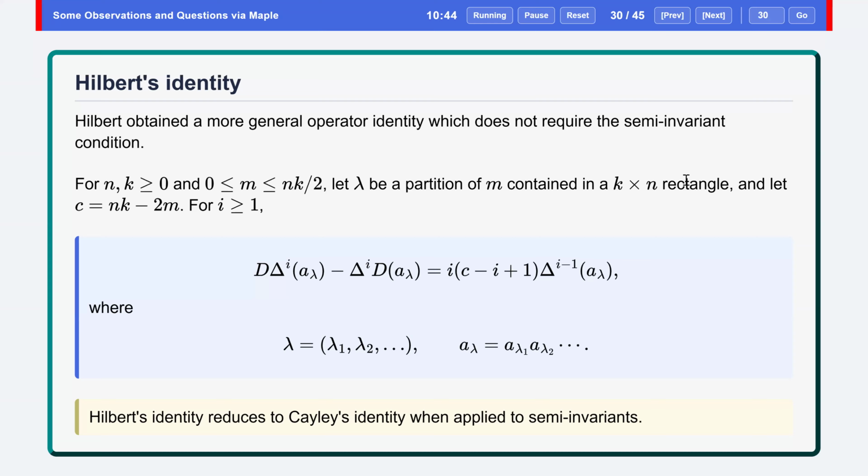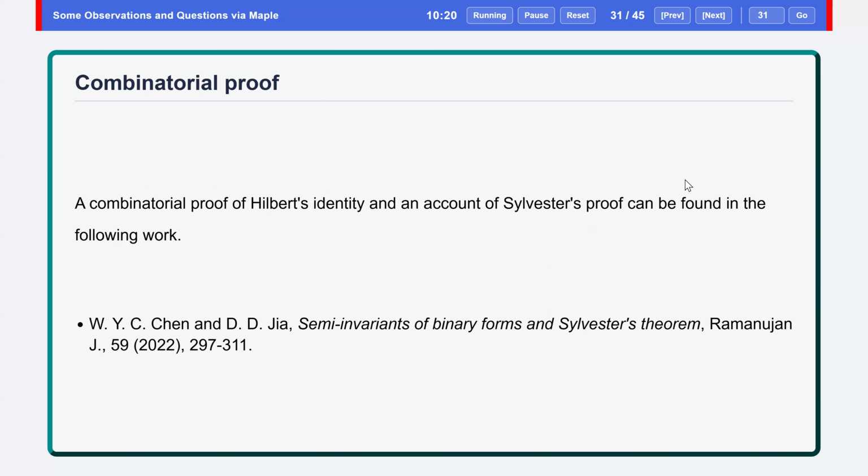And Hilbert's identity is an operator identity just on polynomials without getting into invariant theory. So this is an independent operator identity. Hilbert's identity reduces to Cayley's identity when applied to semi-invariants. A combinatorial proof of Hilbert's identity and an account of Sylvester's proof can be found in the paper of mine with my co-author.